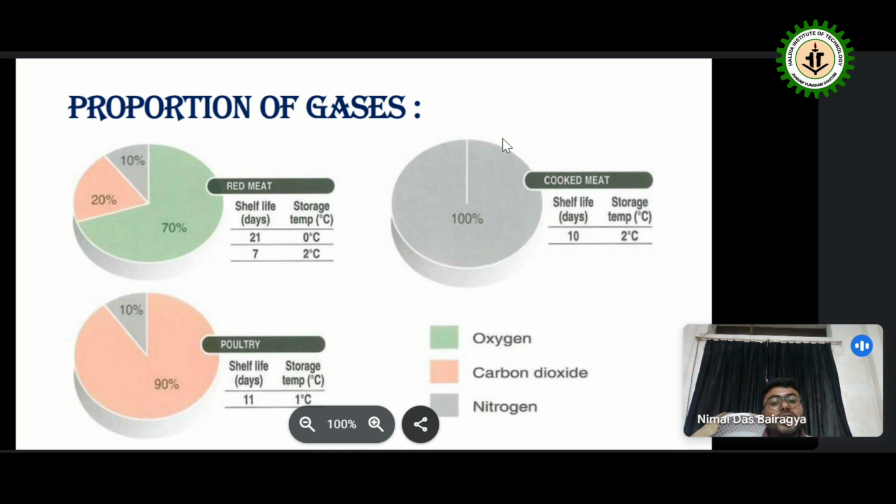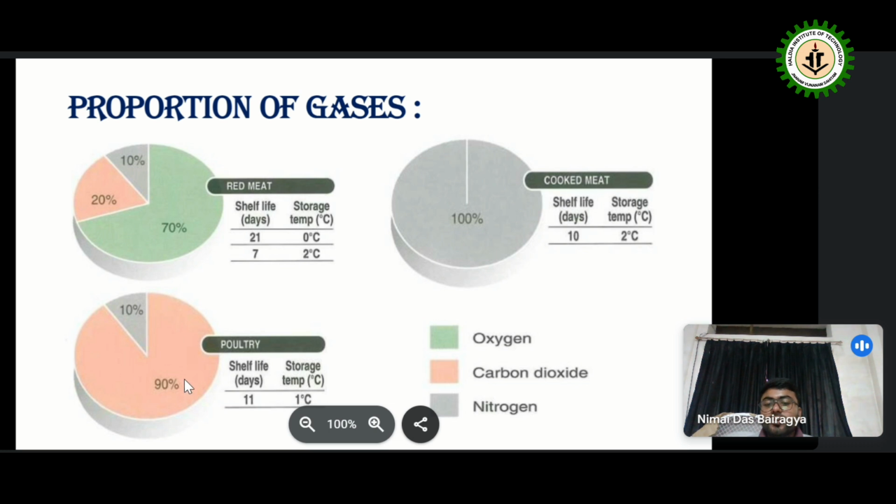That's why we use 100% of nitrogen, because nitrogen does not react with any types of food product. So that's why we use this 100% nitrogen level in these types of packaging for the cooked meat or ready to eat meat product. And with this packaging the shelf life will be 10 days if we keep this product at 2 degrees Celsius.